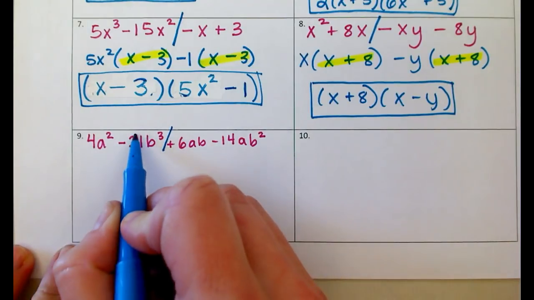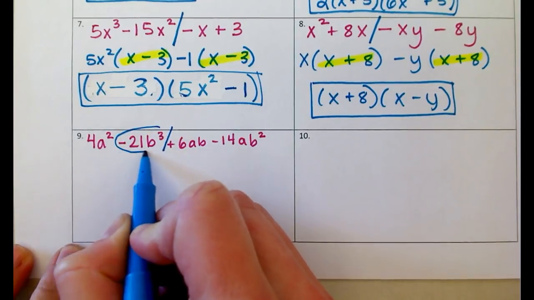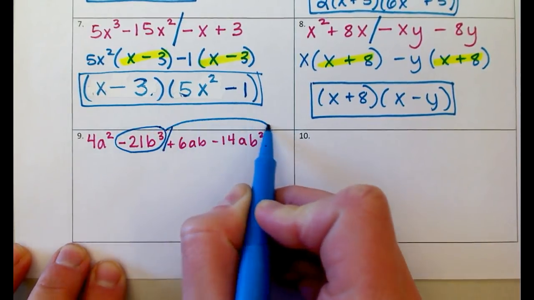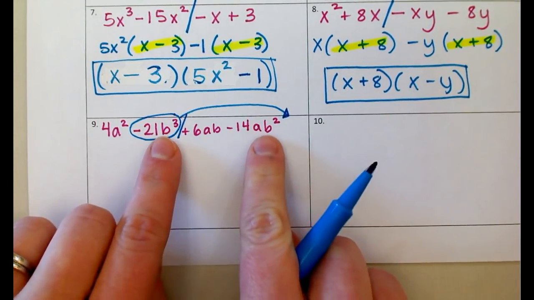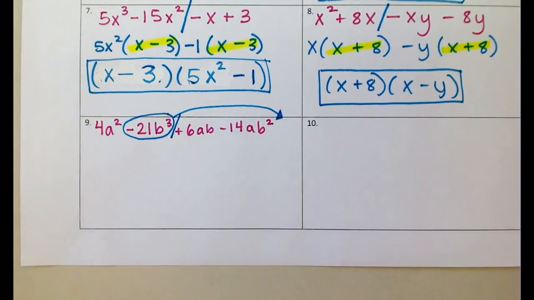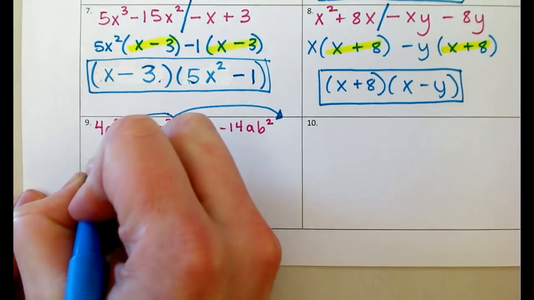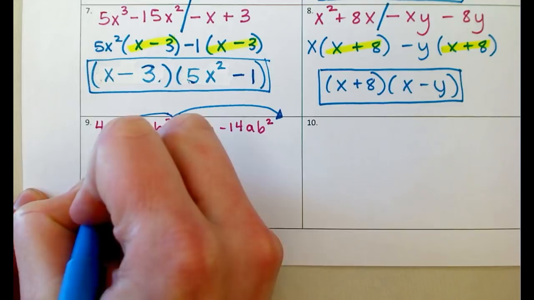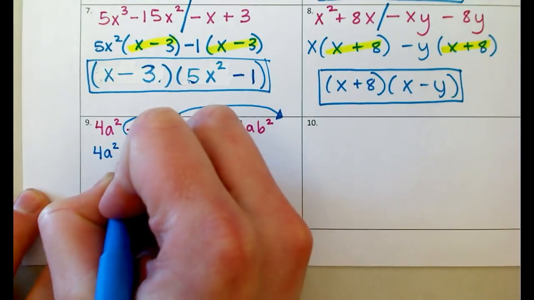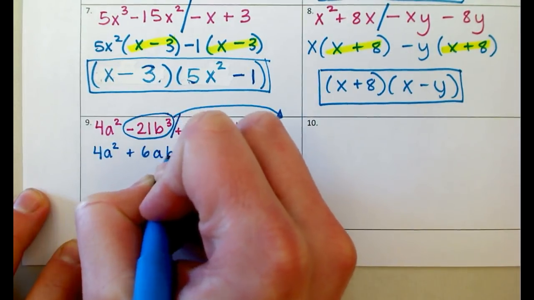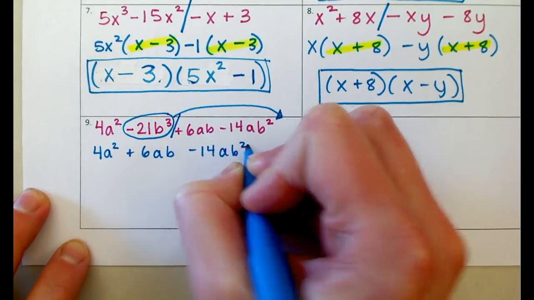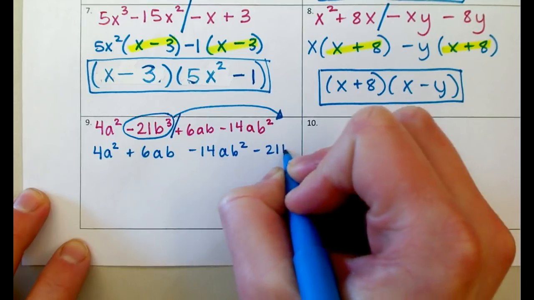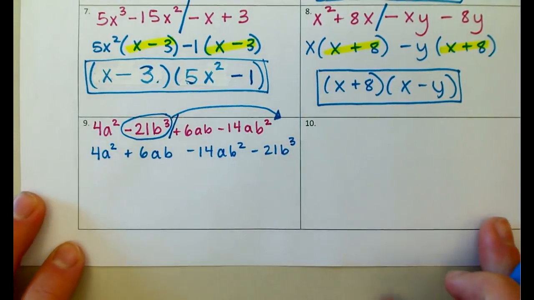So I'm going to rearrange this a little bit, and I'm going to put my 21b cubed at the end because I can see here that these terms will have some b's in common. Keep rearranging until it kind of works itself out. If I rearrange it like this, I now have 4a squared plus 6ab minus 14ab squared minus 21b cubed.